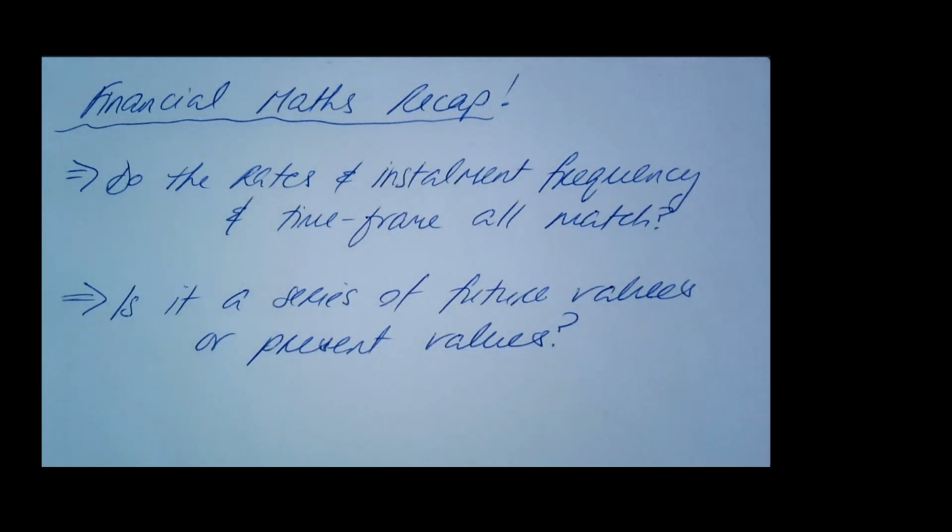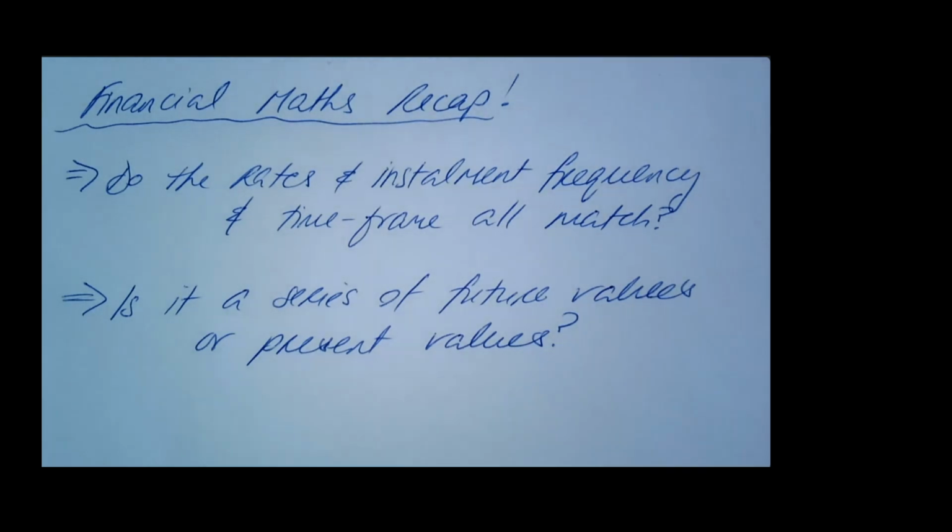And then the second thing that you need to get clear in your head is, is this a question about a series of future values or a series of present values? So future values is usually all about savings and building something to have an amount in the future.